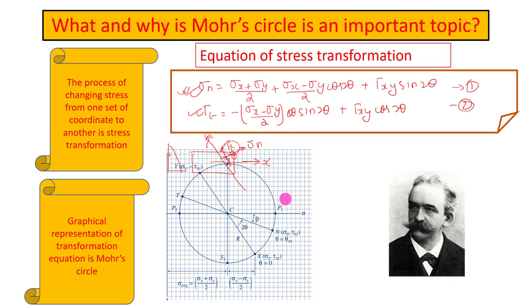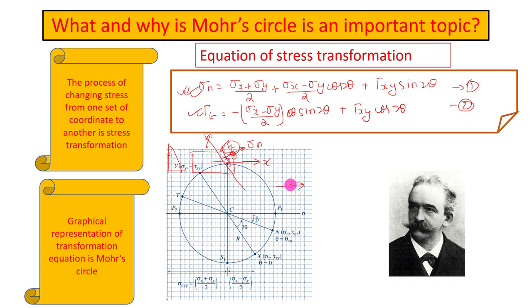That's why this representation of the transformation equation is known as Mohr circle, because it gives you a circle, and every point on the Mohr circle gives the stress values sigma n and tau t acting on the corresponding plane, for any value of theta, at any point located inside the material. So this gives the whole picture of what is currently happening inside your material.